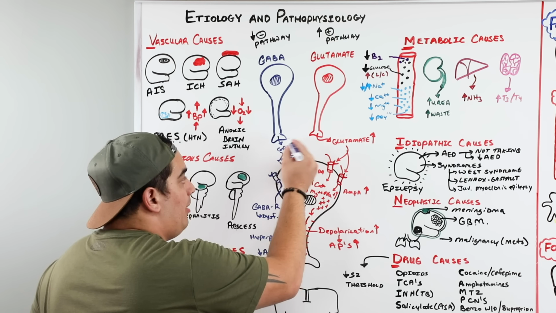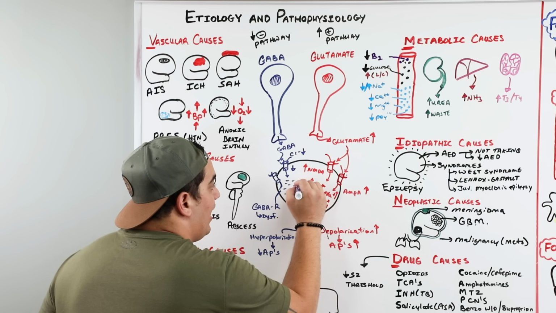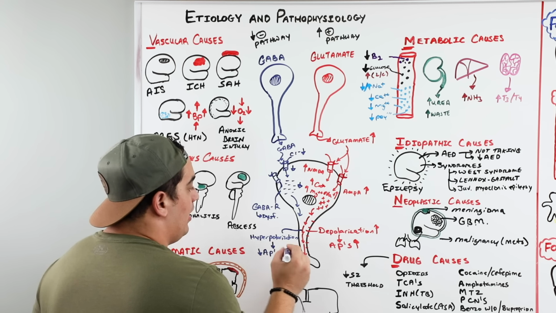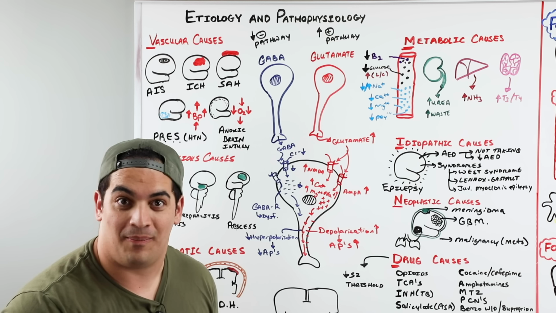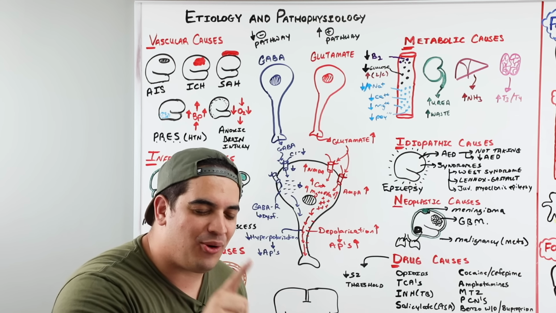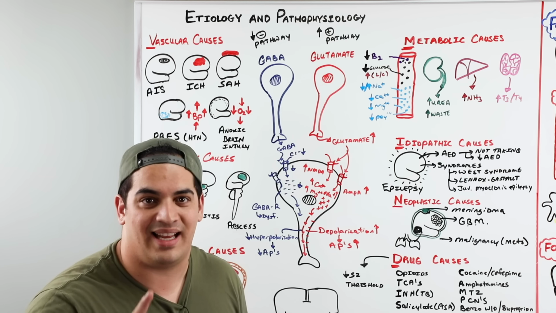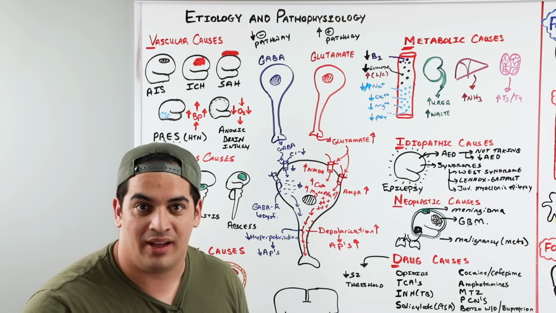That means decreased chloride ions are coming into the cell. That means decreased negative ions are accumulating in the cell. That means there is decreased hyperpolarization of the cell. If there's decreased hyperpolarization, that means the cell is not becoming as negative. It's not as inhibitory. And instead, it'll cause an increase in action potentials.